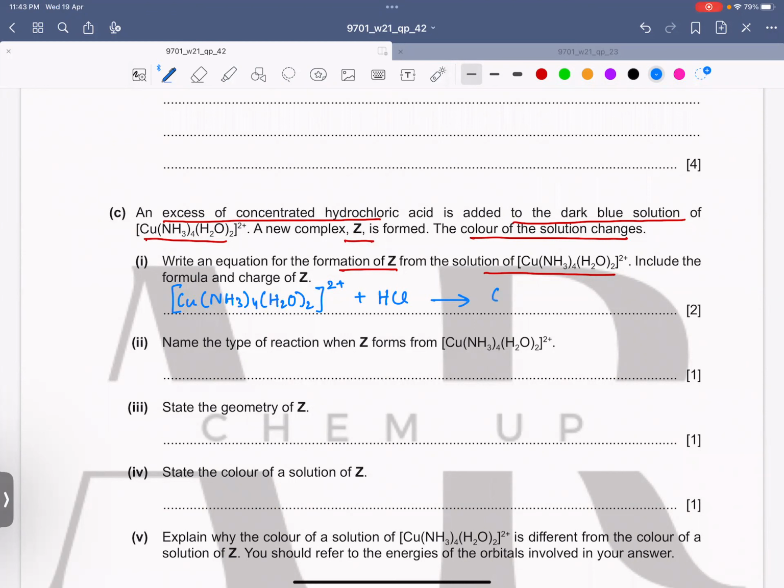So it would be CuCl4 with a 2 negative charge, and along with that we would write 2 moles of water and 4 moles of ammonia or ammonium. Is this understandable?